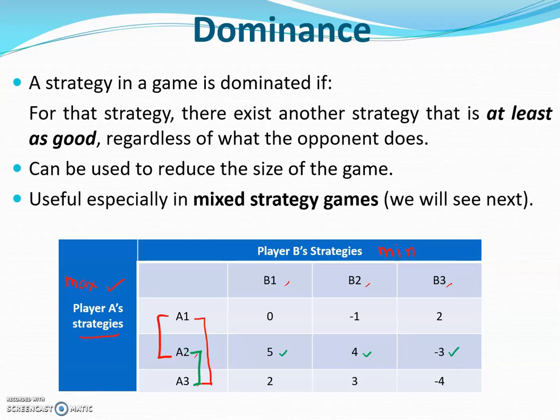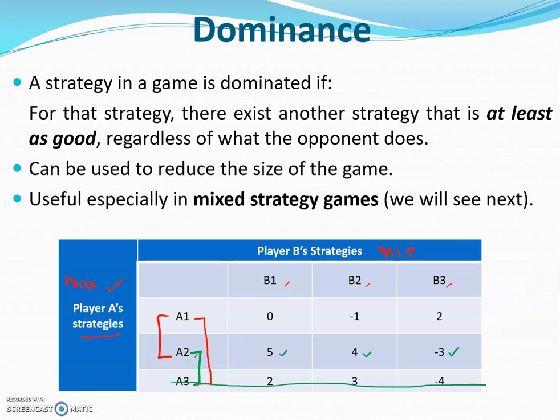So we can see that for strategy 2 and strategy 3, no matter what the strategies for player B are, strategy 2 is always better than strategy 3 for player A. So in that case, we can say that strategy 2 dominates strategy 3 and we can cancel this out.